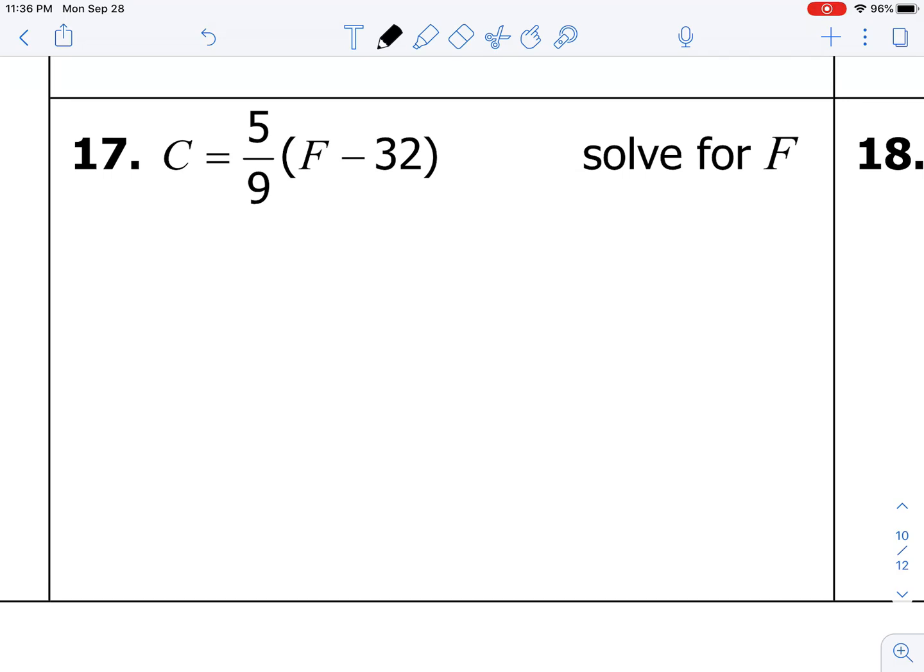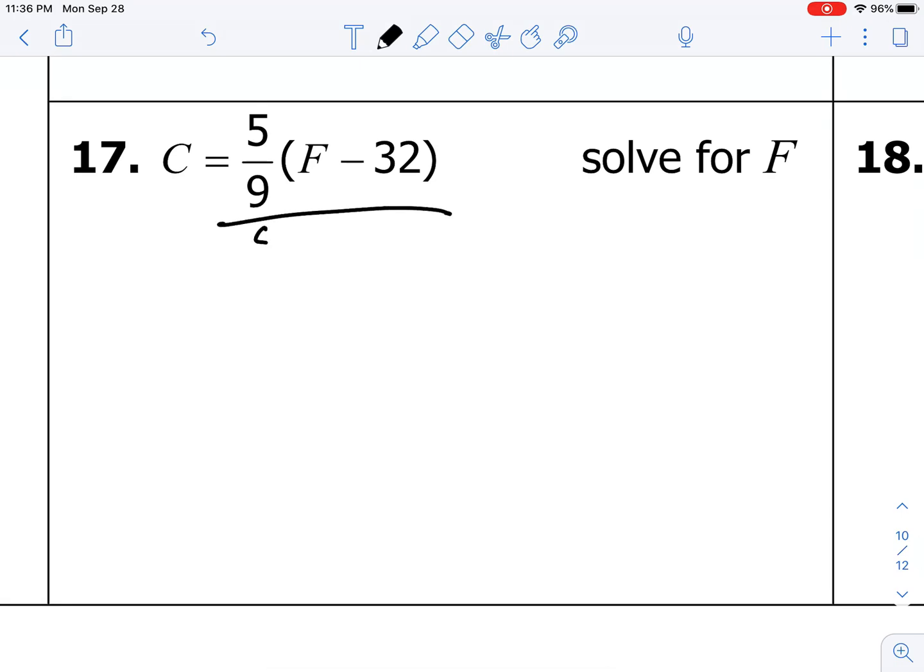So the first thing that I want to do is get rid of the number, the 5 over 9. So in order to get rid of that, I need to divide it. And this is what I explained earlier. When you divide by a fraction, you flip and multiply on the other side. So we would flip it over to 9 over 5.